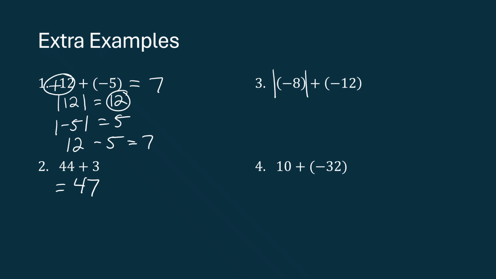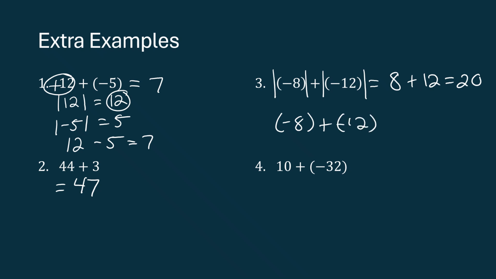So think about it as the absolute value of negative 8, which is positive 8. The absolute value of negative 12 is positive 12. When we add those together, we get 20. But the original problem wasn't 8 plus 12, it was negative 8 plus negative 12. So the answer also has to be negative. So instead of positive 20, it's going to be negative 20.